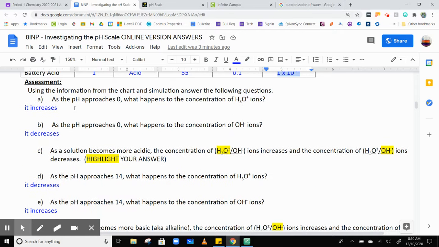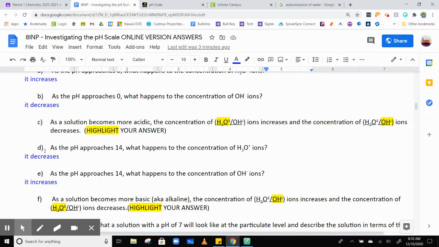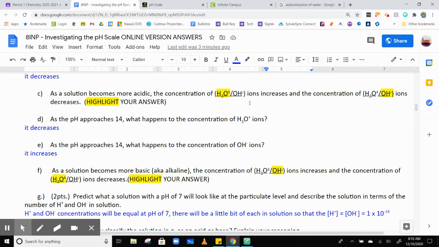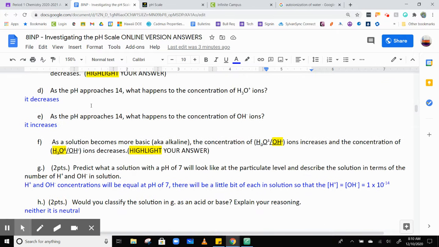You'll see that if you have a low pH, the H3O plus goes up and the OH minus goes down. So acidic: H3O plus goes up, OH minus goes down, and the opposite is true for basic solutions: H3O plus goes down, OH minus goes up.